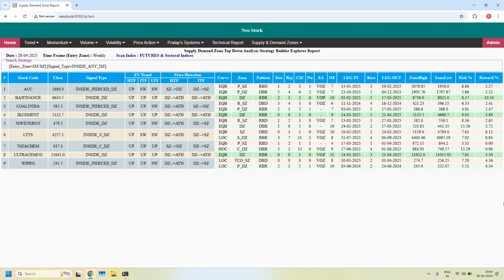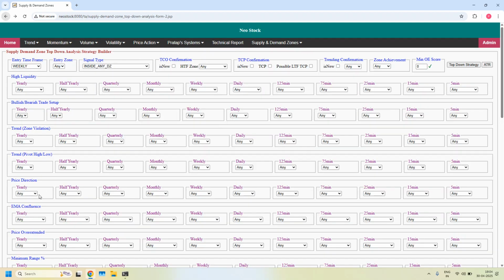And let us further filter this list based on weekly EMA Confluence. So EMA Confluence at weekly, checking weekly demand zone, having weekly EMA Confluence. At the same time, the trend on the weekly should not be sideways. So it can be up or down.